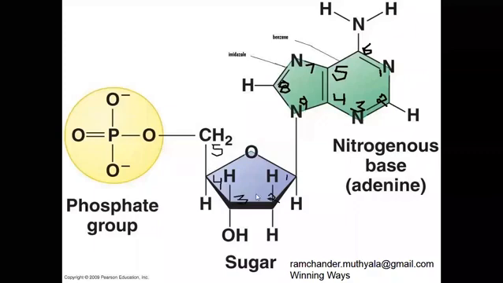And coming to the sugar molecules, they are two types: deoxyribosugar and ribosugar. See children, it is the deoxyribosugar. On the second carbon of ribosugar, in deoxyribosugar, one oxygen atom is eliminated.